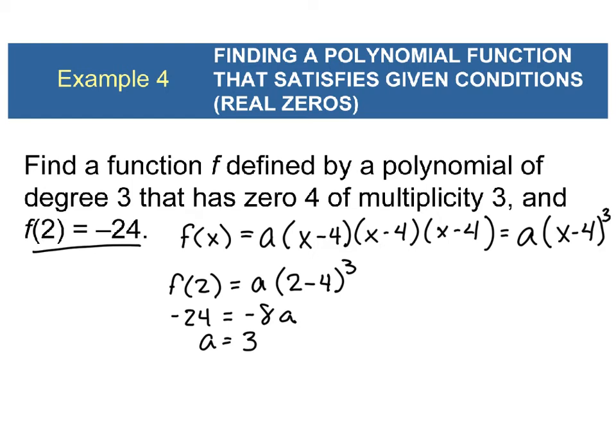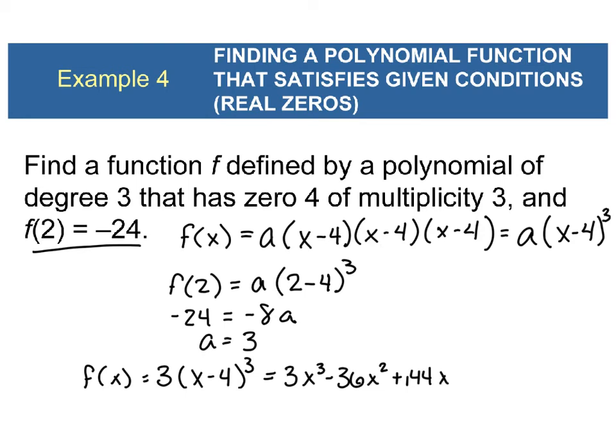So now what we do is plug that value of a back in. f of x equals 3 times x minus 4 cubed. And if we were to multiply all of these factors out and then distribute that 3 across everything, this is what we're going to get: 3x cubed minus 36x squared plus 144x minus 192. And we are done.